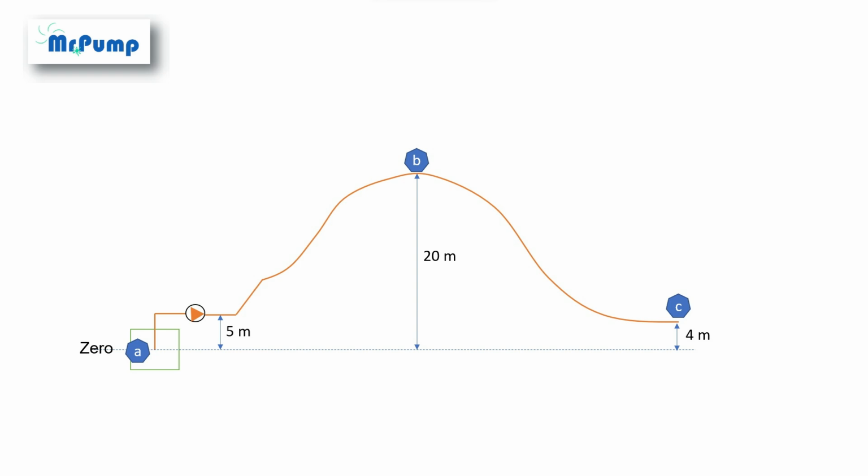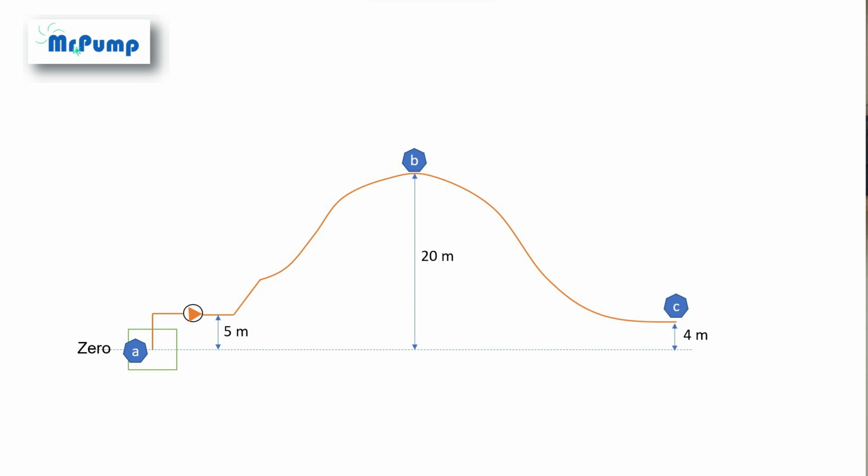Now, in such cases, we need to consider two scenarios. In the first scenario, we have to calculate the head loss from point A to point C. Then to this calculated head loss, we add the static level, or the difference in level between C and A, plus the residual pressure.